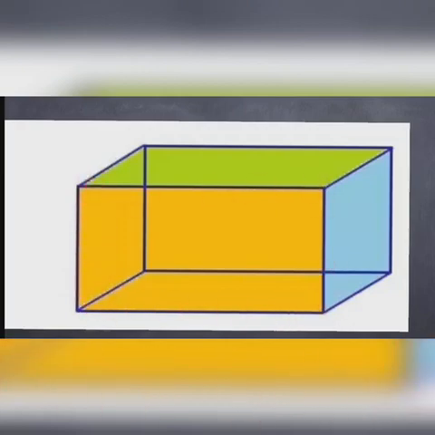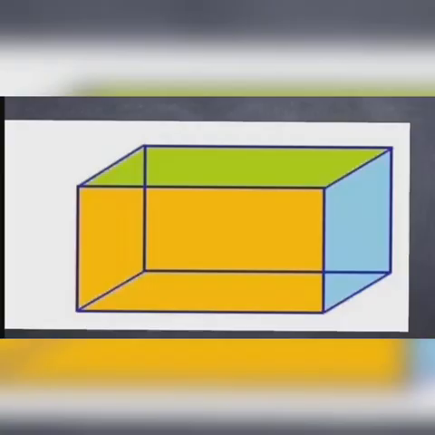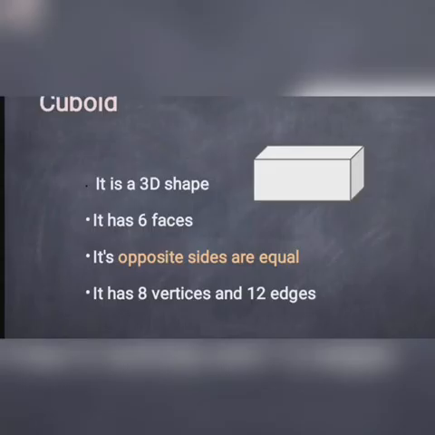Totally 1, 2, 3, 4, 5 and 6, so 6 faces are there. Then its opposite sides are equal. Cuboid has opposite sides equal.